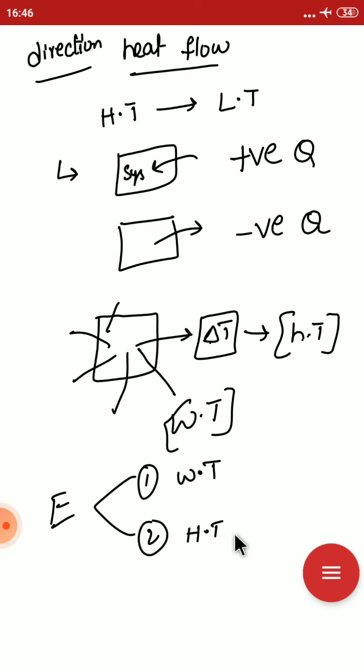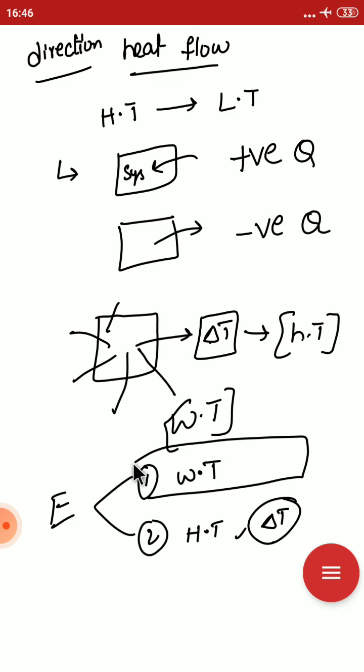Heat transfer occurs only when there is a temperature difference or a virtual temperature difference. In all other cases, energy crosses the boundary by work transfer only. It is a very important point to be noted in this topic.